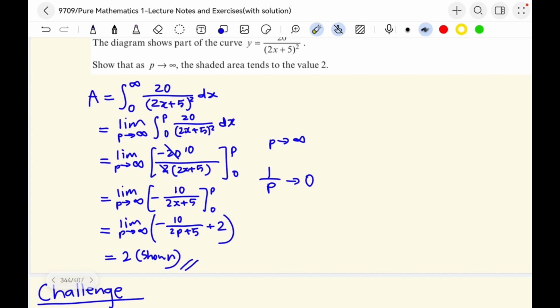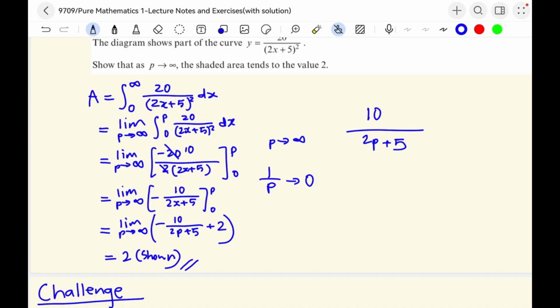And many of you are curious why I can let this equal 0 after its limit is taken. So this is a constant, right? And here is the linear function in the denominator. So fundamentally you divide everything by p, which means that no term has p with the power of 1. At most, the power is 0.